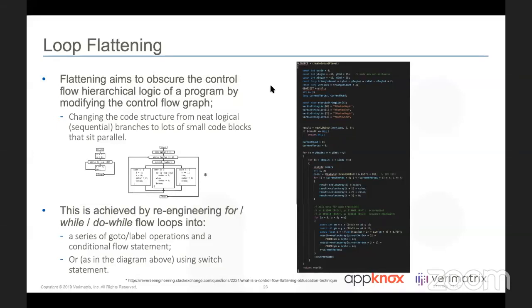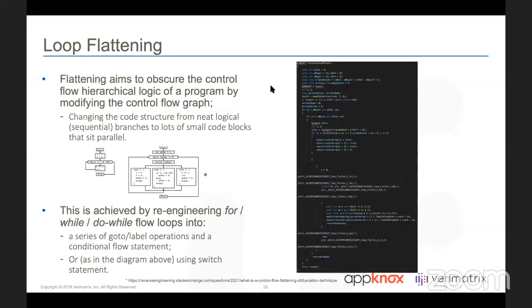So the loop disappears. Or as you can see in the diagram, you can also do it with switch statements and other techniques as well. So you go from neat code, well compacted, well structured, to code that just spreads out and is difficult for an attacker to work through.